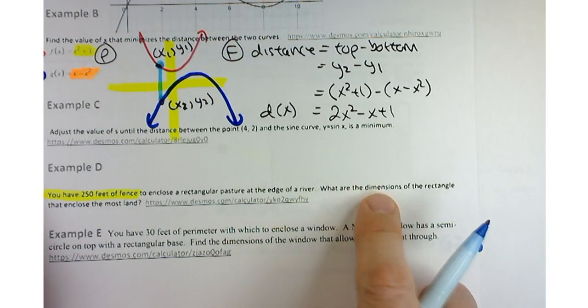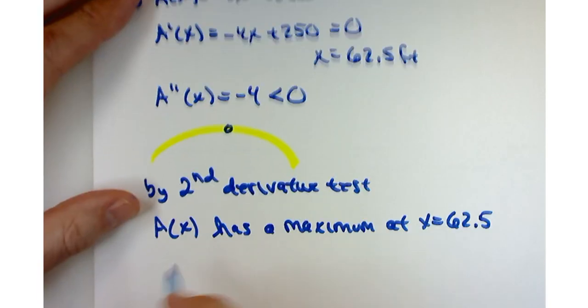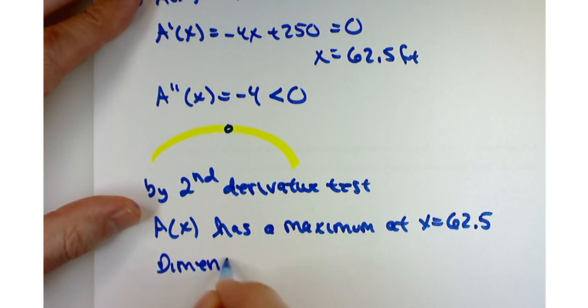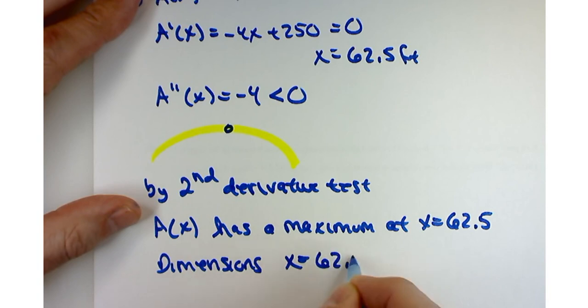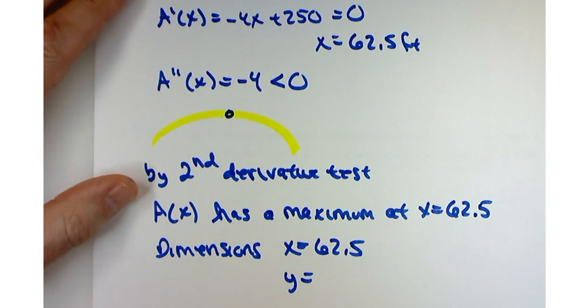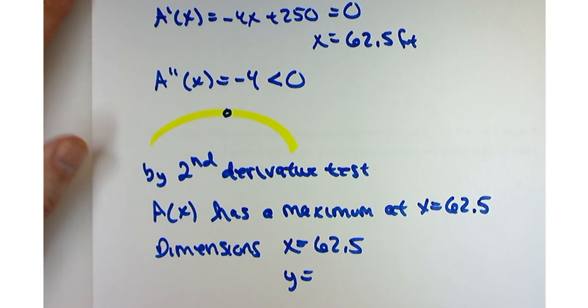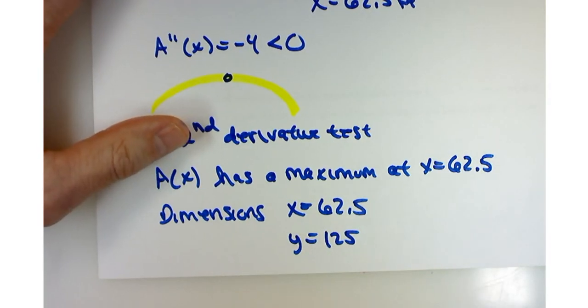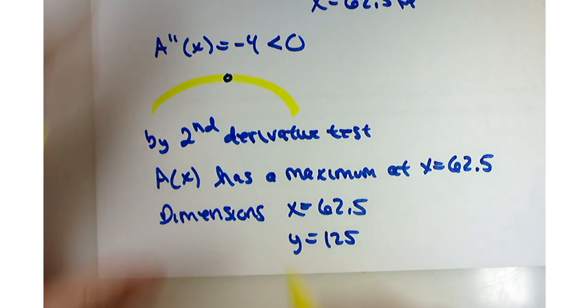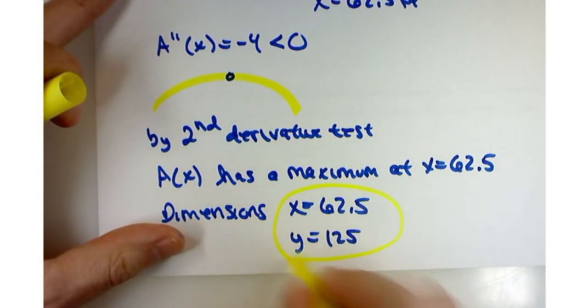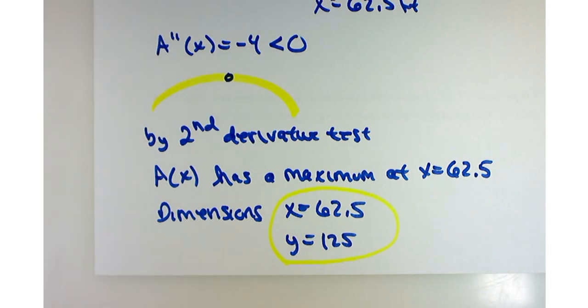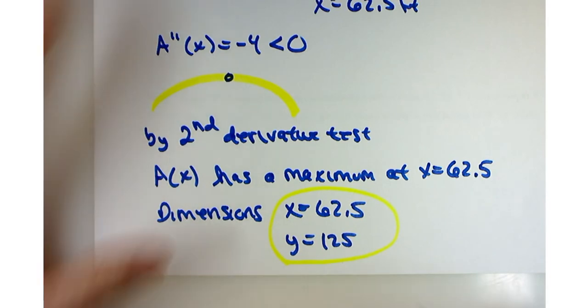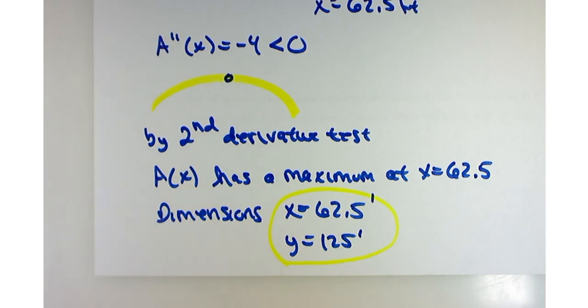So I need to know x and y. So the dimensions would be x equal 62.5. How am I going to find y? Yeah, plug it in. 250 minus 2 times 62.5 is going to be 125. So there's your dimensions. Width and height, or width and depth, depending on what you feel. Well, let's put in the proper notation for feet, and we're all set.